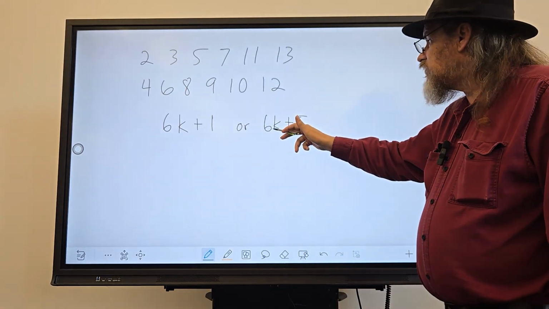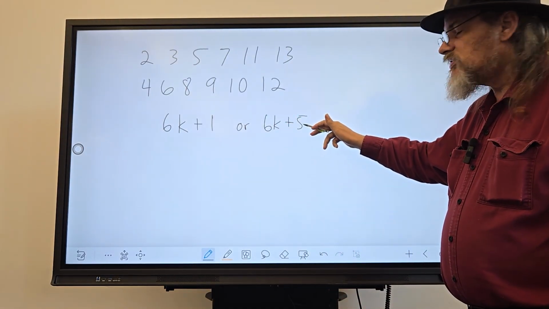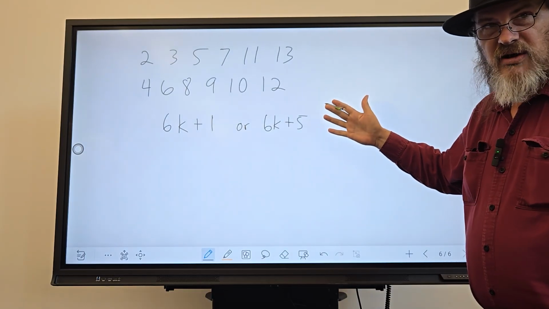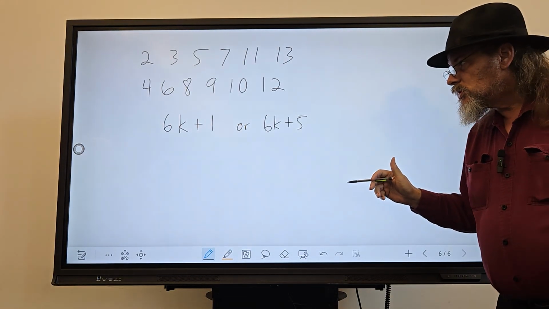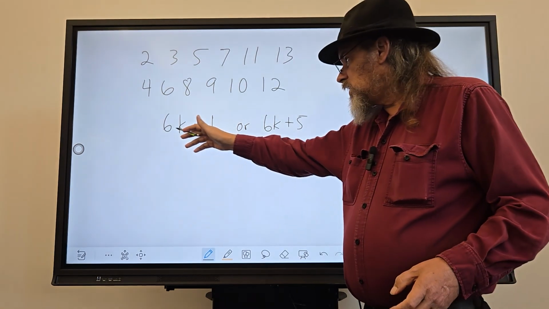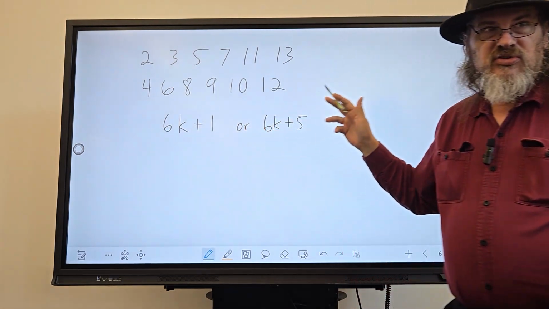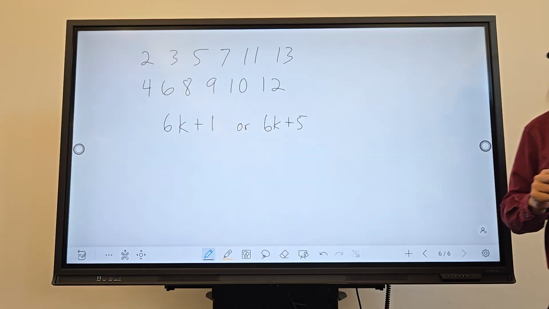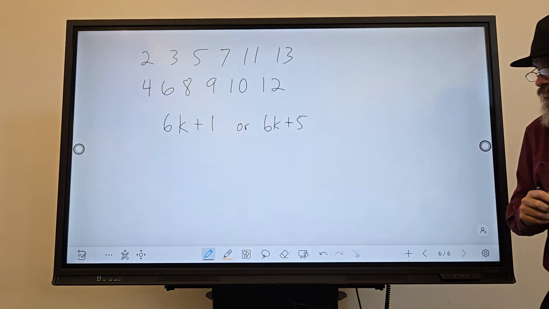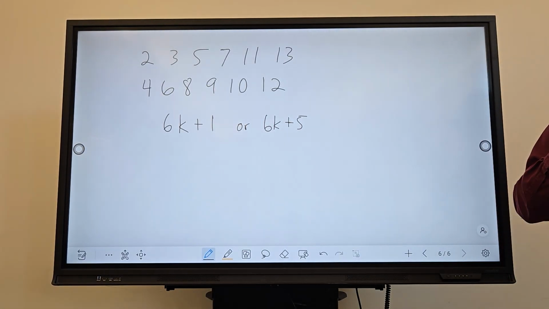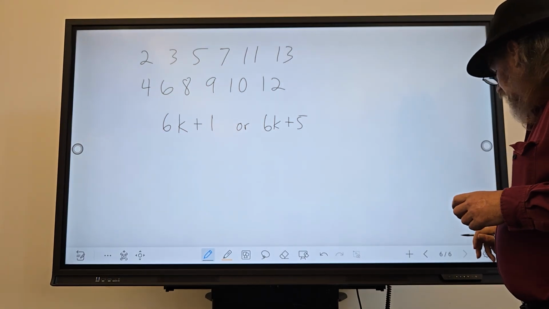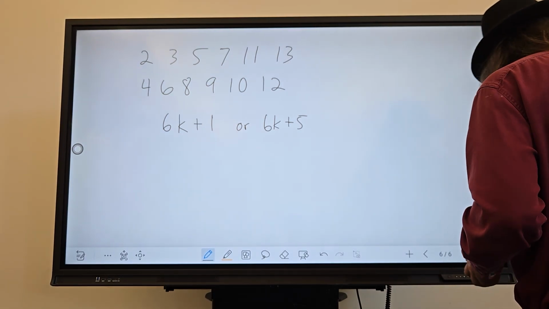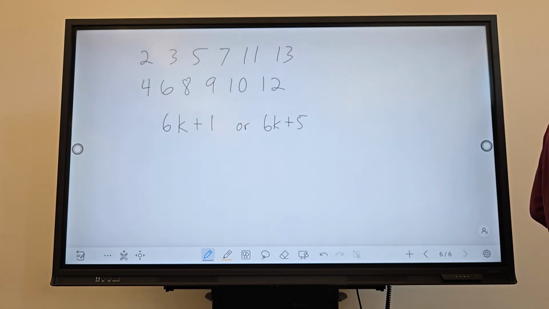But notice 6 times 5 plus 5 is 35, which is divisible by 5 and 7. So it's not a prime. But a quick and dirty way to check to see if a number is prime is to see if it falls into one of these two categories. The proof on that, I have no idea. I imagine it's rather complex, but I read that one somewhere.